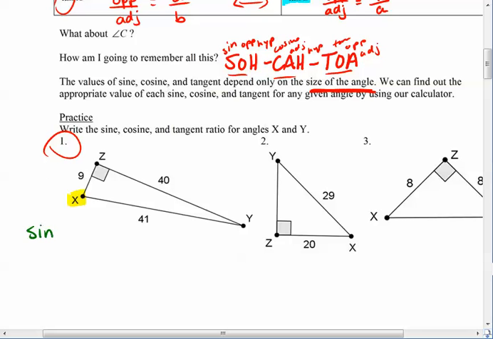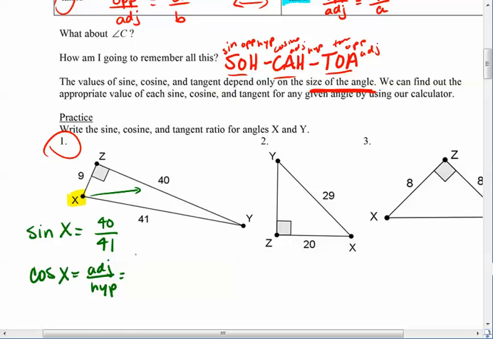The sine of angle x is equal to the opposite side. Now what's opposite x? 40. The hypotenuse is a little easier to spot. It's across from the 90-degree angle, 41. Cosine. Reminder, that's adjacent over hypotenuse.